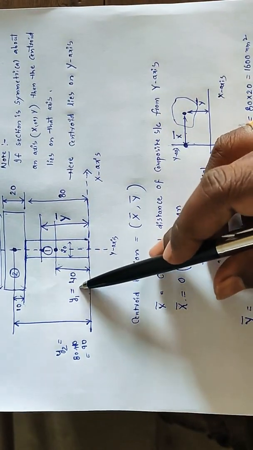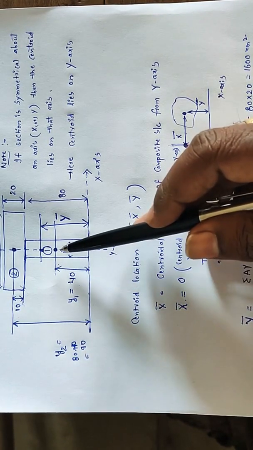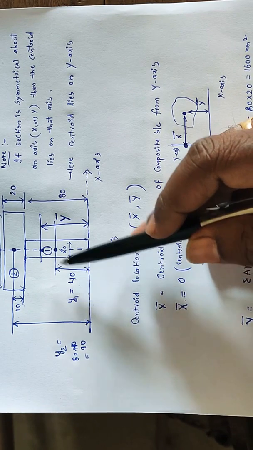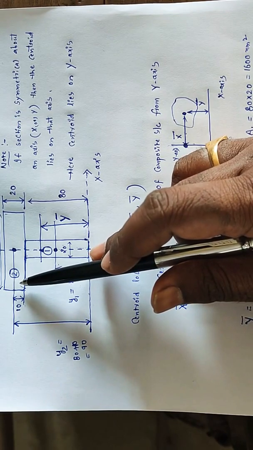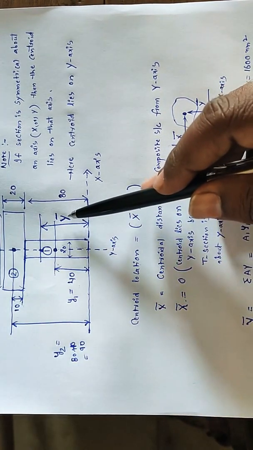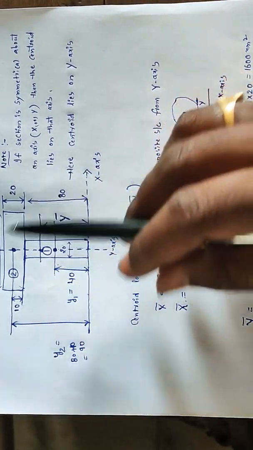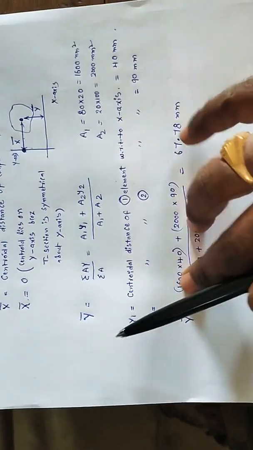So here y1 and y2 are centroidal distances of individual elements. y1 is the centroidal distance of this first rectangular element, y2 is the centroidal distance of the second rectangular element. y bar is the centroidal distance of this total T section. So the centroidal distance of the total section we got is 67.78.